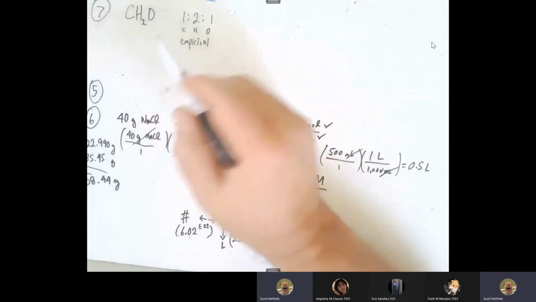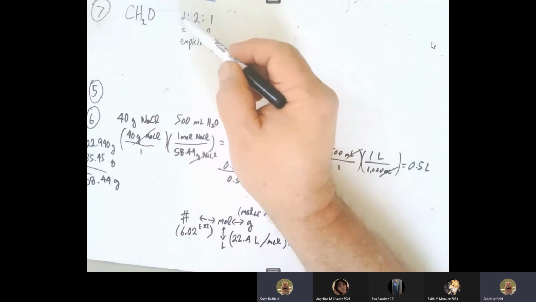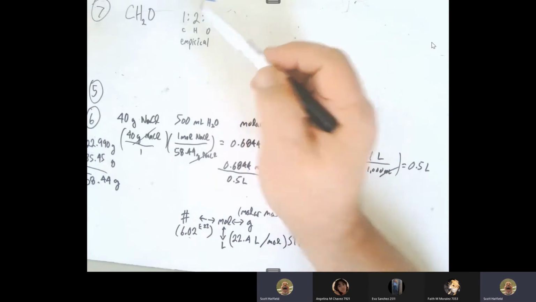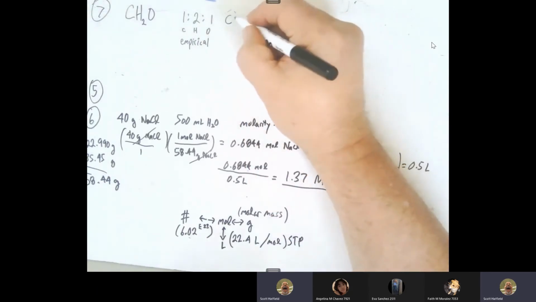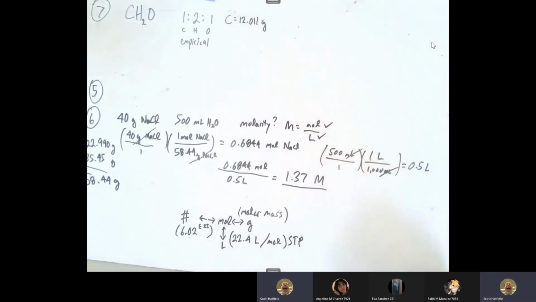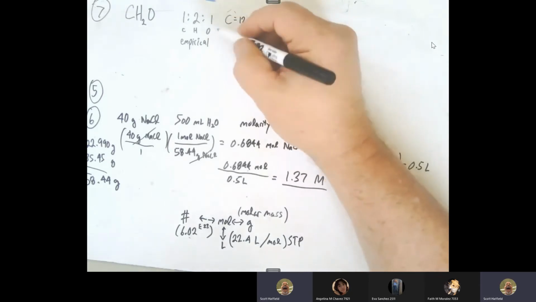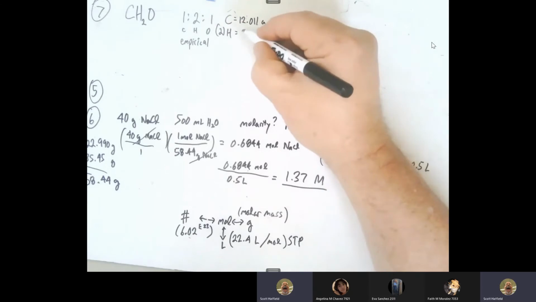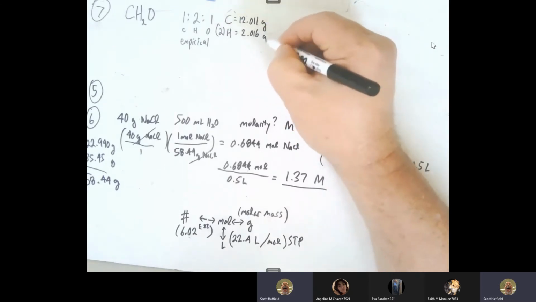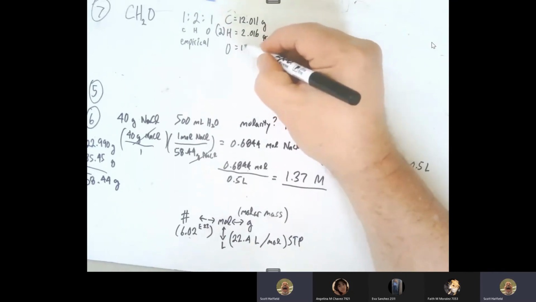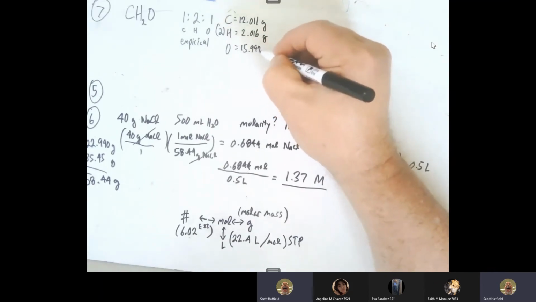And so just as there's a proportion for the number of each type of atom, there's also a proportion in mass, because 1 carbon, and I get this from the periodic table, 1 carbon is 12.011 grams. We need 2 hydrogens in this setup, so 2 hydrogens is not 1.008, it's 2.016 grams. And then 1 oxygen, as always, is 15.999 grams, okay?